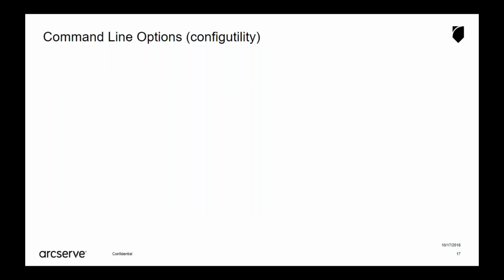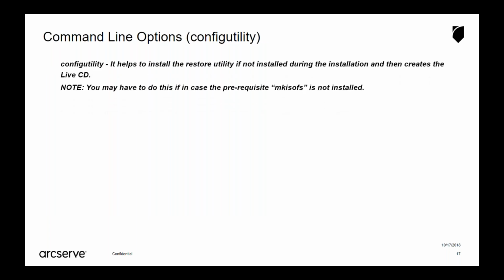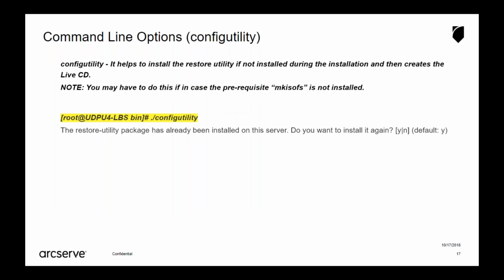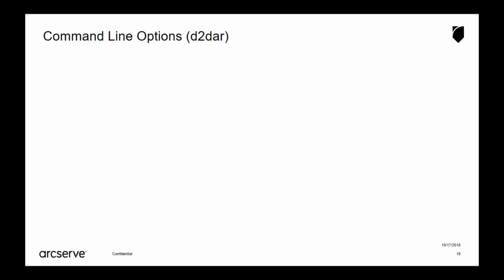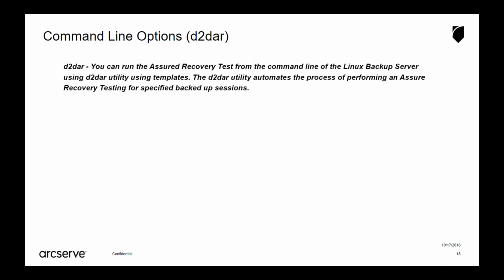Just a quick recap on the various command line options we have. The config utility, as I explained earlier, helps us generate the live CD. The D2D AR, the assured recovery module, helps us run assured recovery tests.